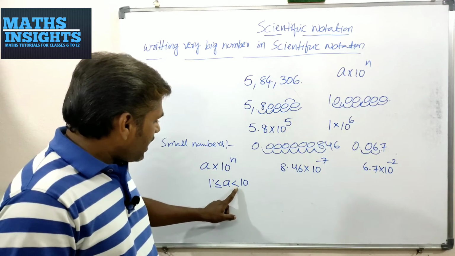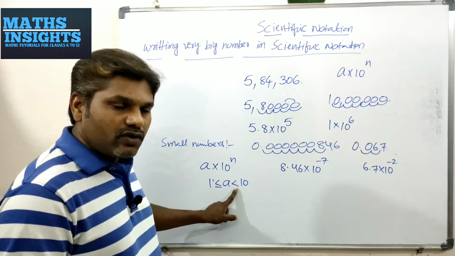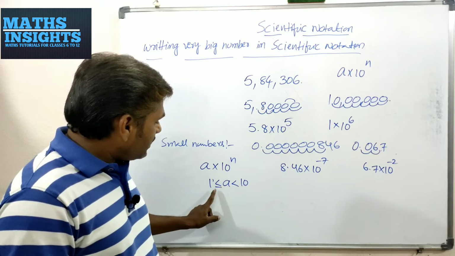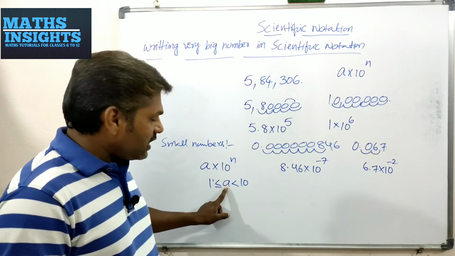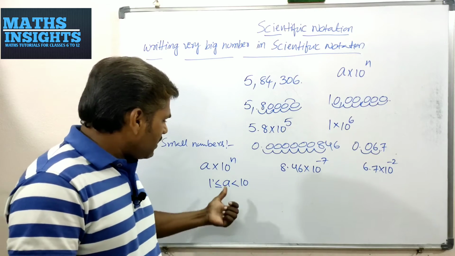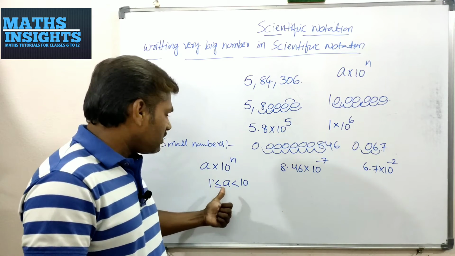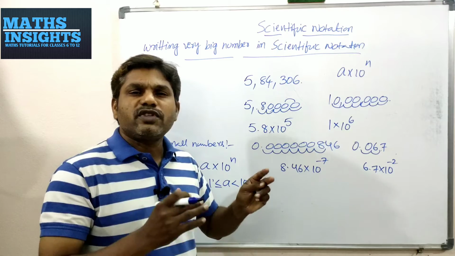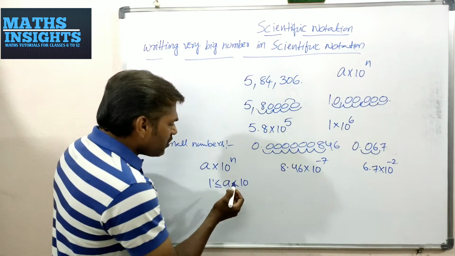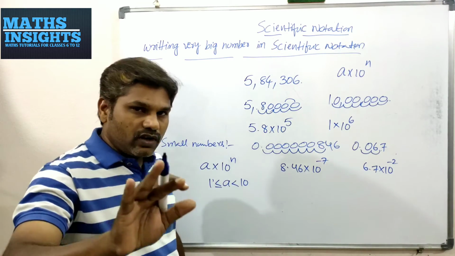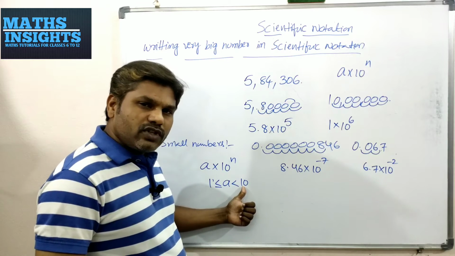That means I am not writing less than or equal to here. When I write 1 less than or equals to a less than or equals to 10, a takes 1, 10 and the numbers between them also. Whenever you are not writing less than or equal, you have to take up to this only.